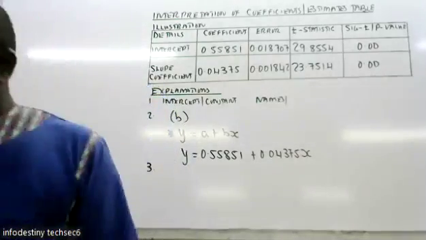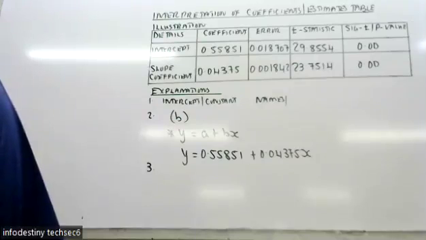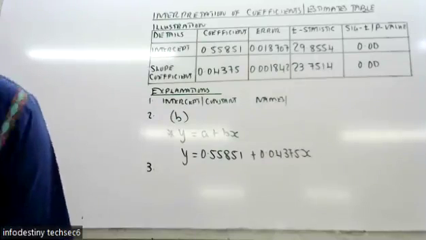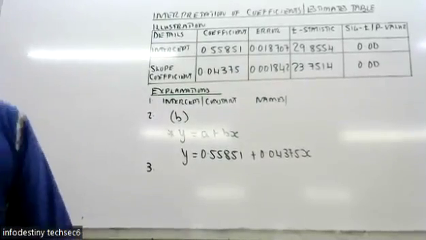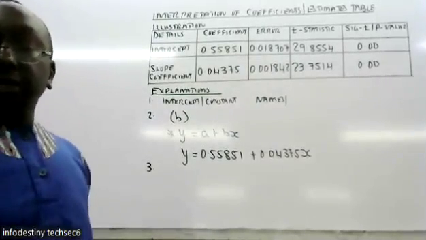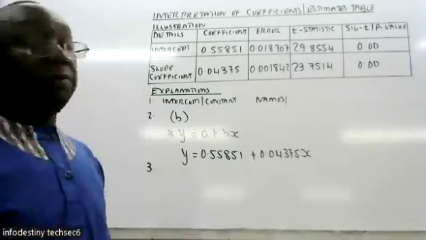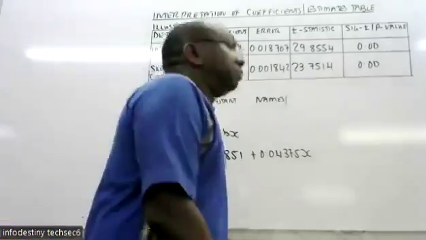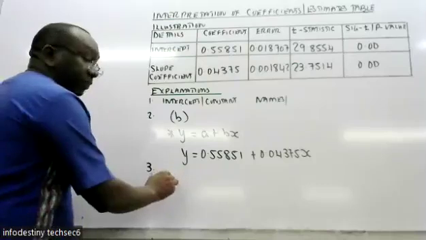Point number 3 is that the column of error represents the standard error for the slope.